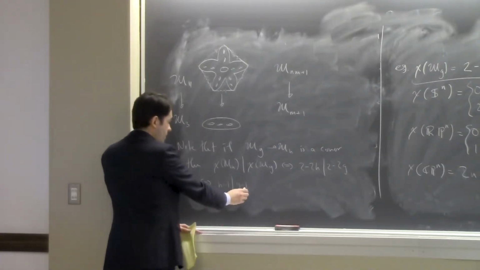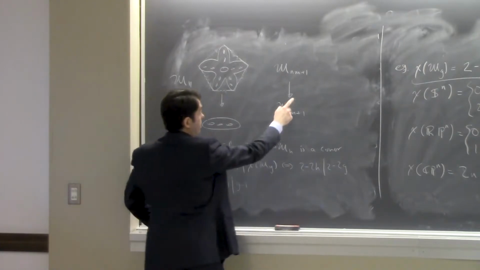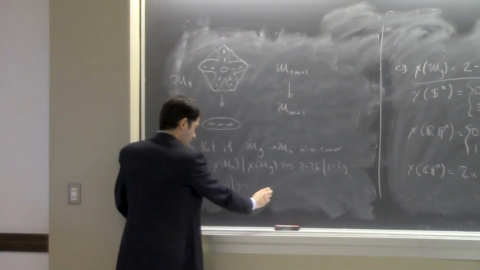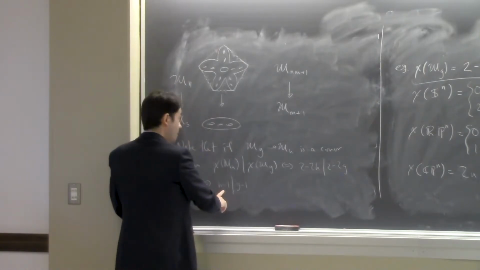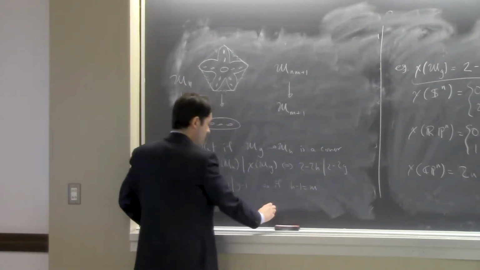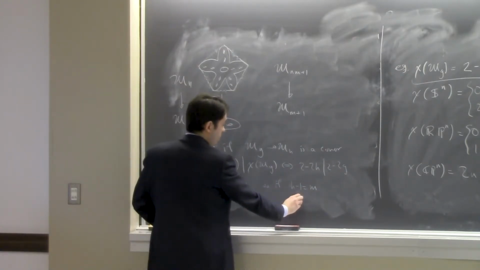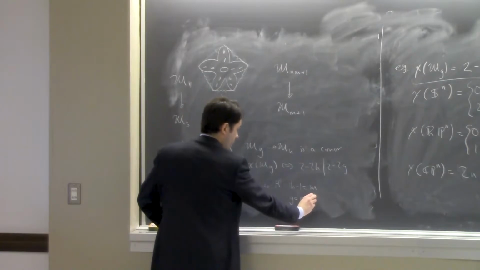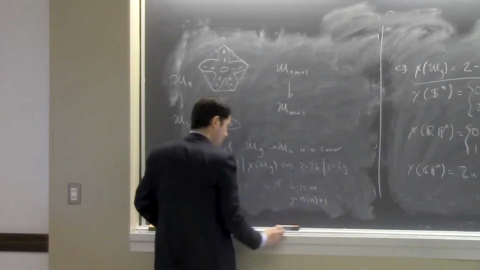So if h minus 1 is equal to m, then g minus 1 is equal to some multiple, say n, times m, so g is n times m plus 1.